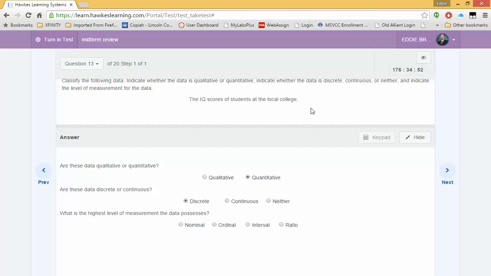You can find differences between IQs, but no one's going to have a 0. Even people who are mentally handicapped have an IQ score of a certain range. There would be a good argument here for one of these, but if I had to make an educated guess, I would say interval.